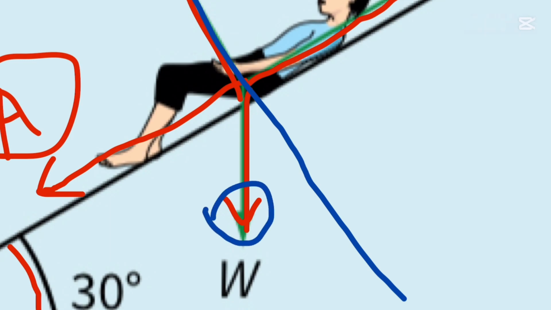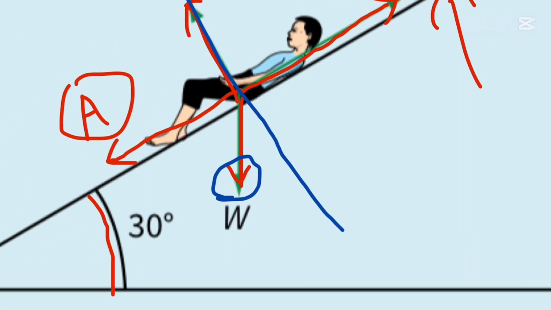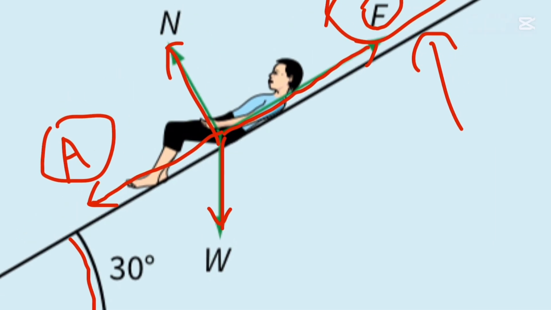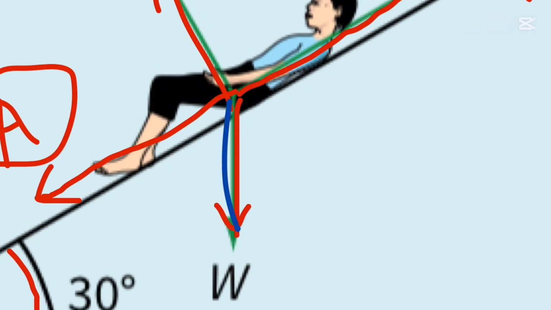As you can see, the weight force changes direction, because the weight force should be like this, but now it's like this. So we have to split up the W weight force into a vertical and a horizontal vector.